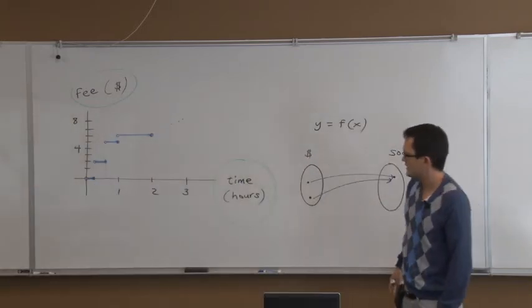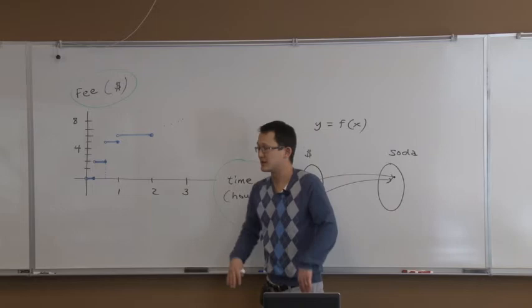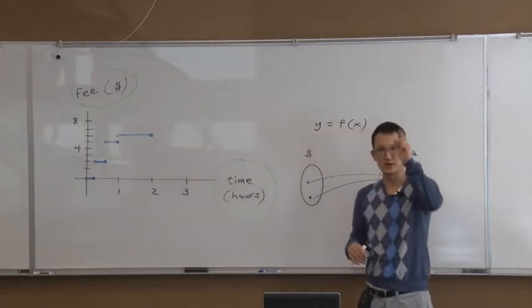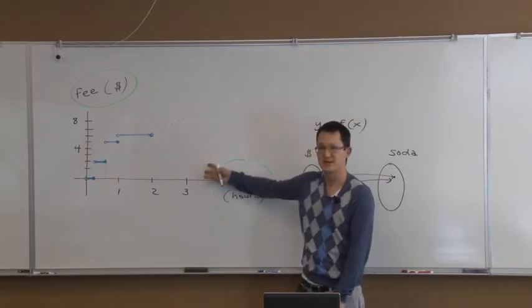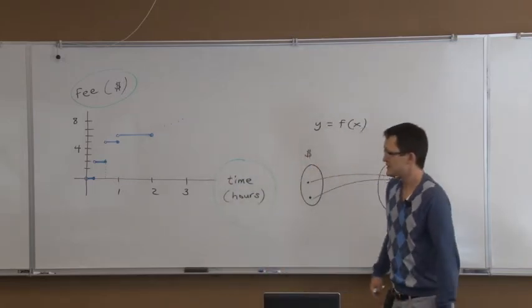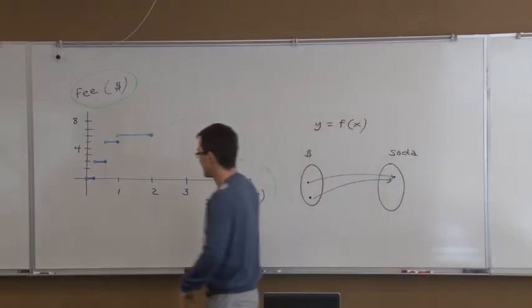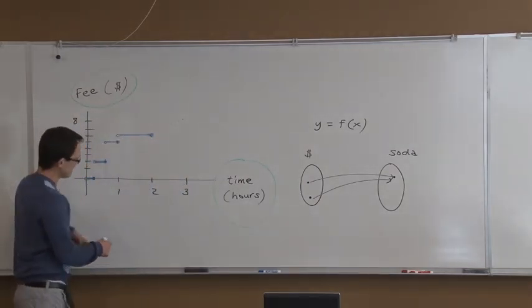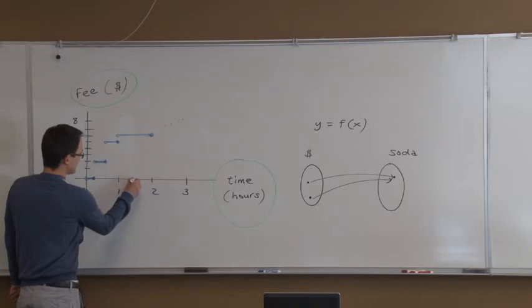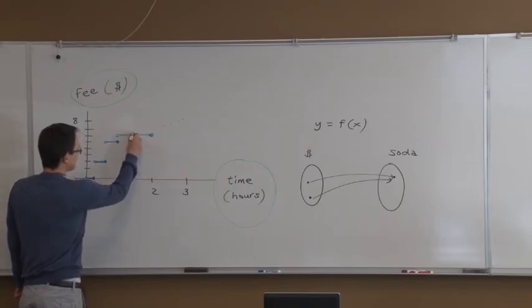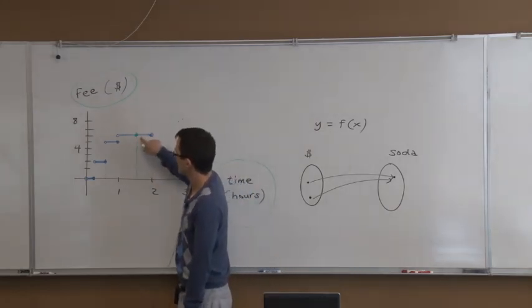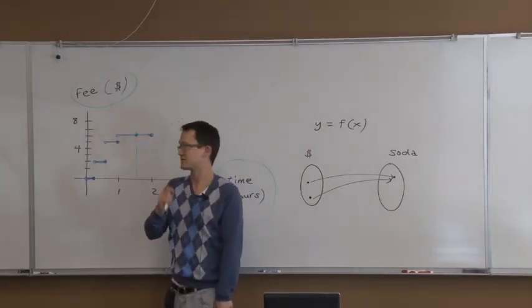So there's no way that if you enter the garage, the people running the garage are going to ask you to pay 2 fees. They're going to say one and only one fee, and it's going to be based entirely on this graph. So if you look at the graph here, suppose you spent 90 minutes in the garage, so maybe 1.5 hours. You'd find that input and look up to the graph, and you can locate the spot here, and you can see right here, you'd have to pay $6 for that.